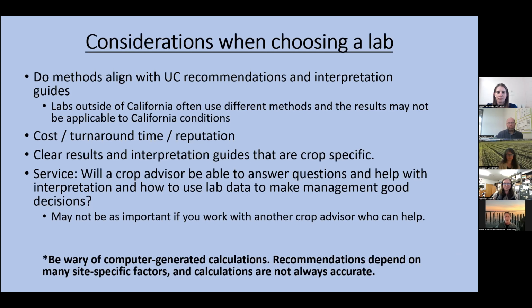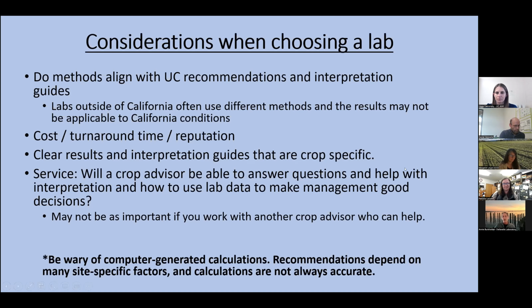Other things to consider would be cost, your turnaround time, and then talk to your neighbors and so on about reputation. You want to go with a lab that has a good reputation. Because you want to be able to interpret your results, maybe ask the lab for an example of a report and see if it makes sense to you. It's still helpful to talk to a professional, whether it's the cooperative extension folks or a CCA, but you want to look at the results and have it seem clear.